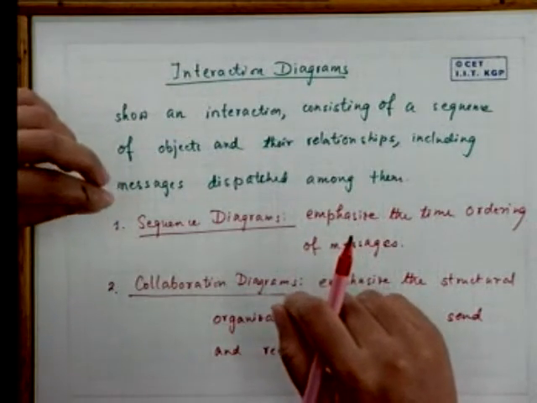Next, we will have a look into how these diagrams are constructed and look at some examples of these diagrams. So first, let us see what are the steps taken to construct these interaction or collaboration diagrams.